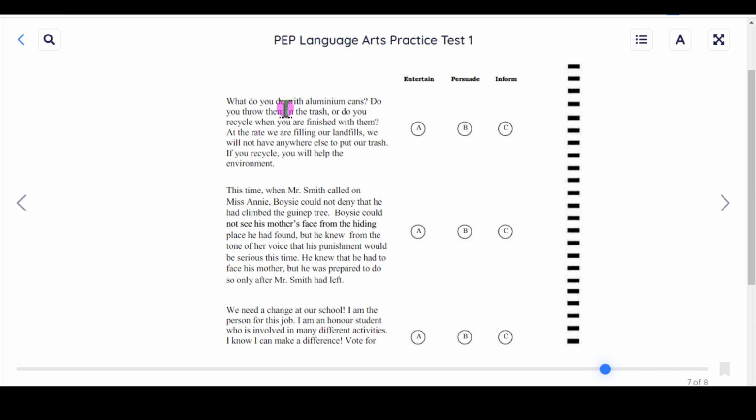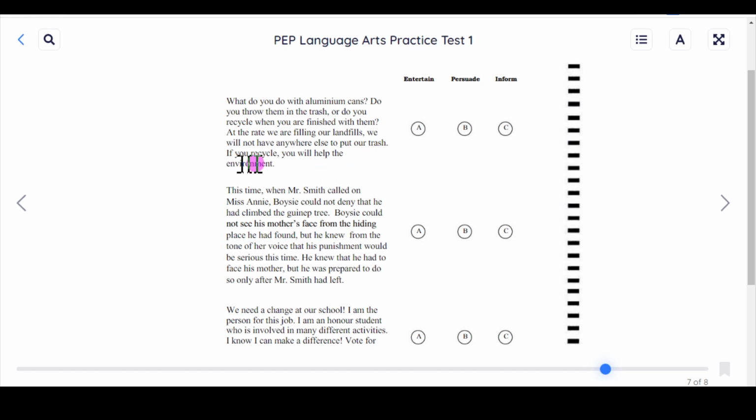What do you do with aluminum cans? Do you throw them in the trash, or do you recycle when you are finished with them? At the rate we are filling our landfills, we will not have anywhere else to put our trash.